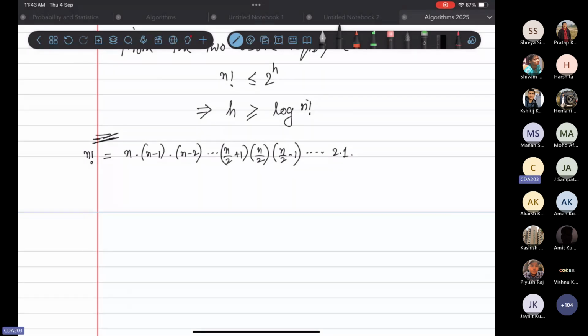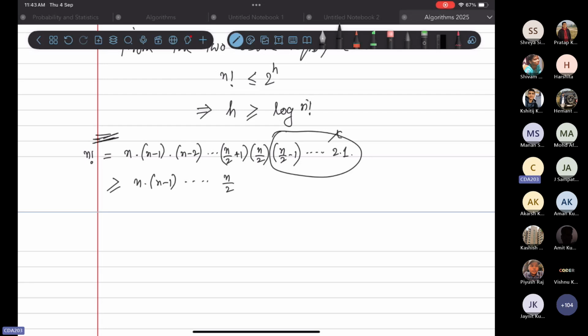Right? This is factorial n. Okay, so what if I remove this part? So n factorial is greater than n minus 1 all the way up to n by 2.